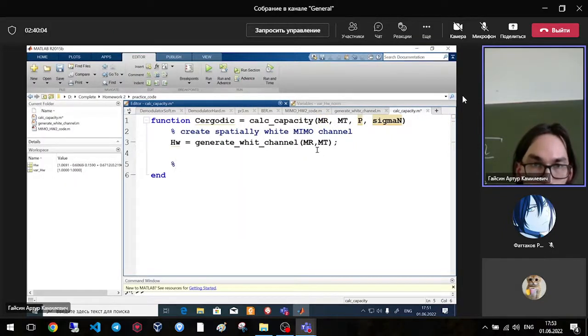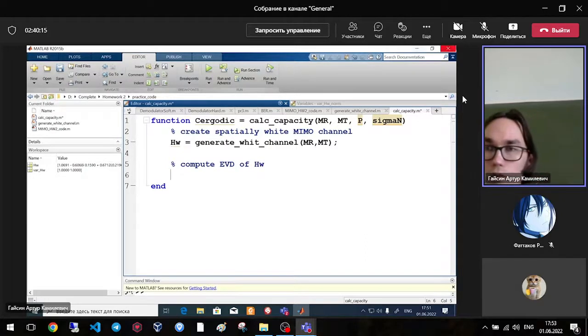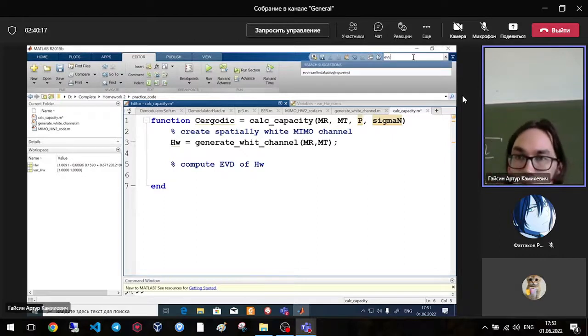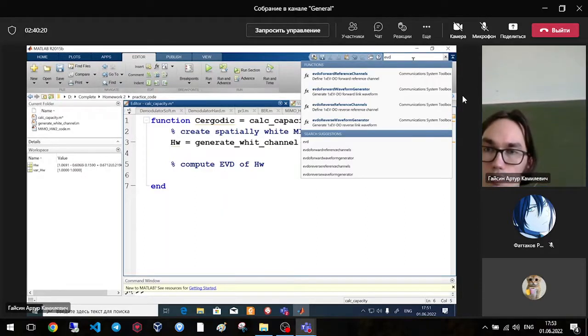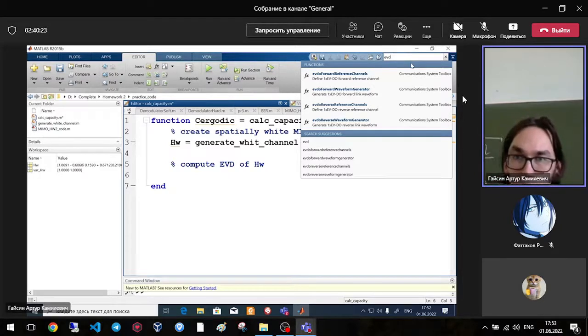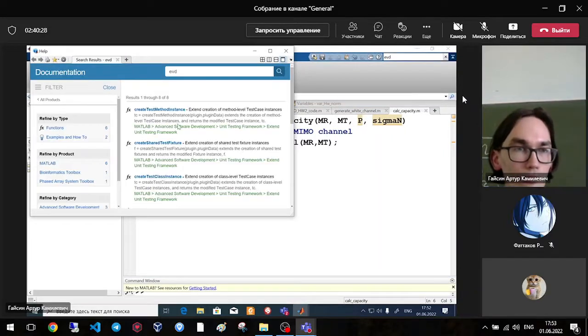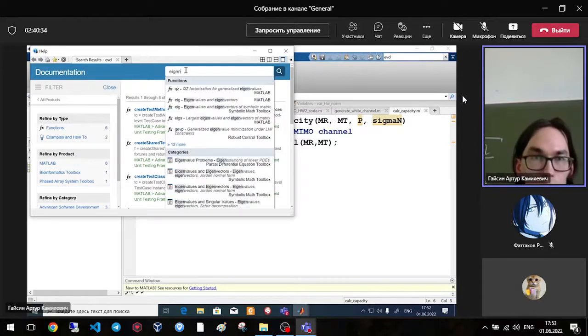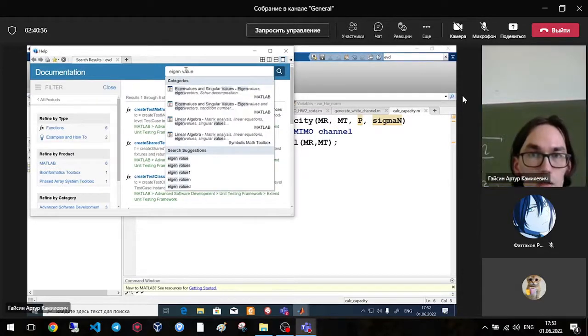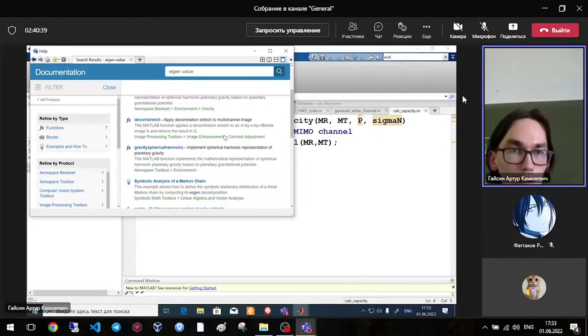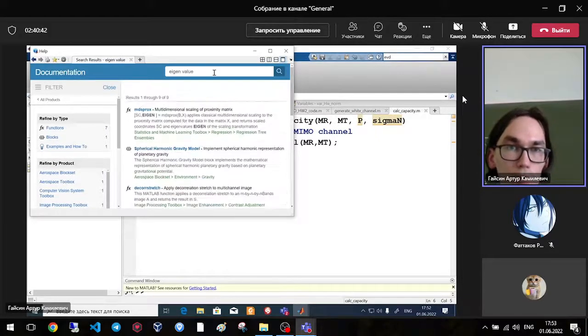Then we need to calculate the eigenvalue decomposition. Compute EVD of HW. So let's check the documentation. EVD will be just EVD. Or let's write eigenvalue. Okay, in this case, we can use singular value decomposition.